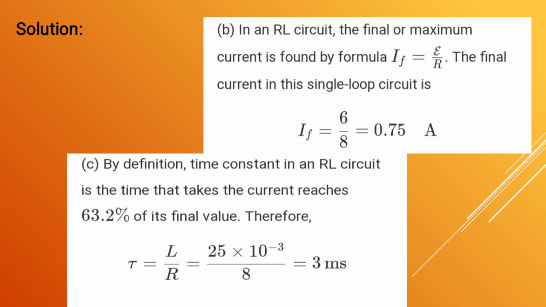Therefore, T is equal to L over R. As you can see, 25 times 10 to the power of negative 3, divided by 8, is equal to 3 ms.